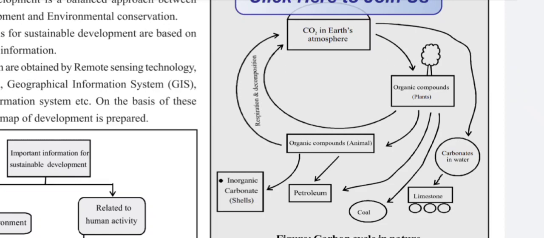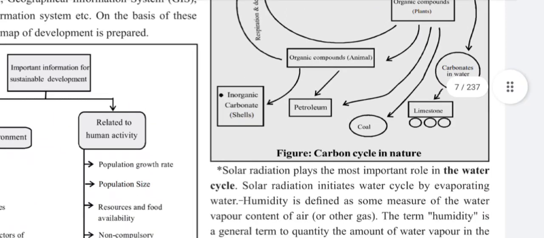Organic compounds in plants are related to coal, petroleum, and organic compounds in animals. Organic compounds in animals are related to petroleum, organic carbonate shells, and CO2 in the atmosphere is related to carbonates in water and limestone.